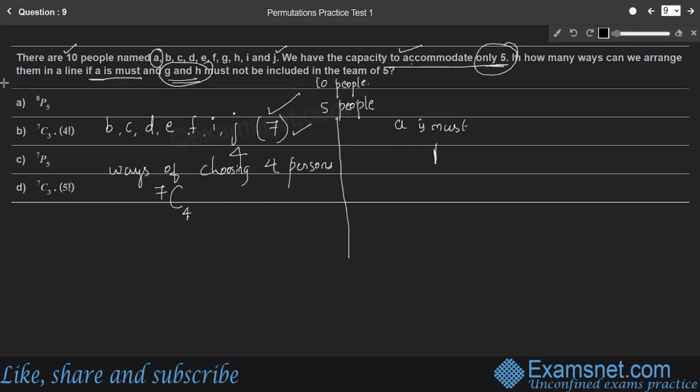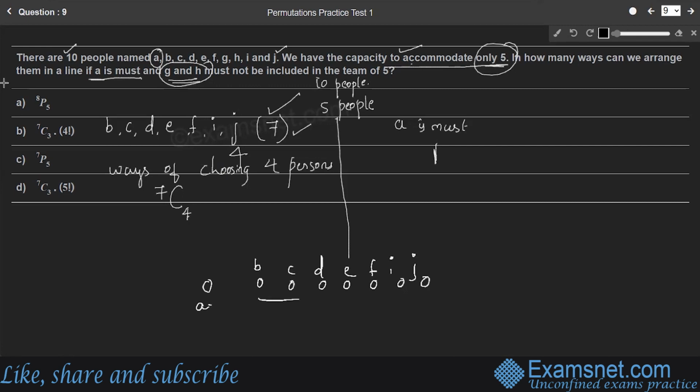Since A is a must, one person is a must. Just imagine there are 1, 2, 3, 4, 5, 6, 7 people, and A is a must. This person is A. So these are the persons B, C, D, E, F, I, and J. These are the 7 persons.